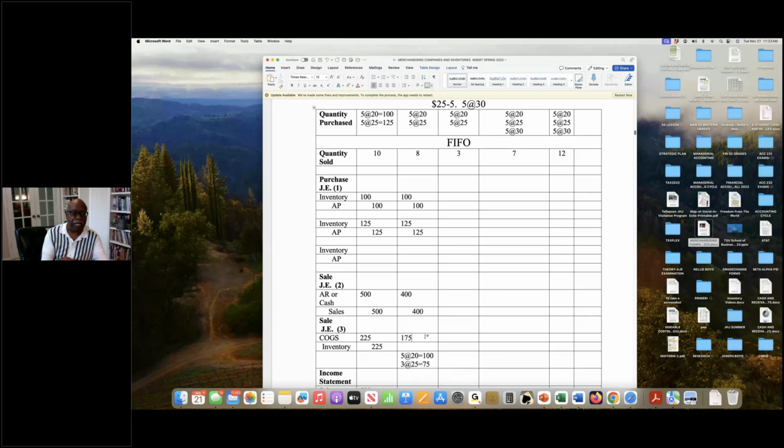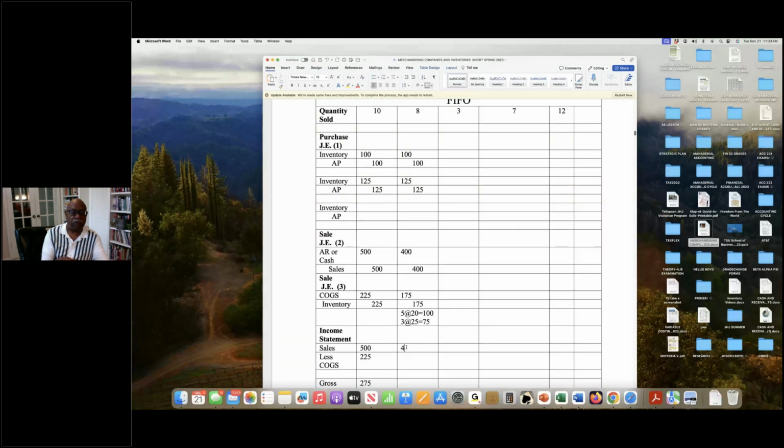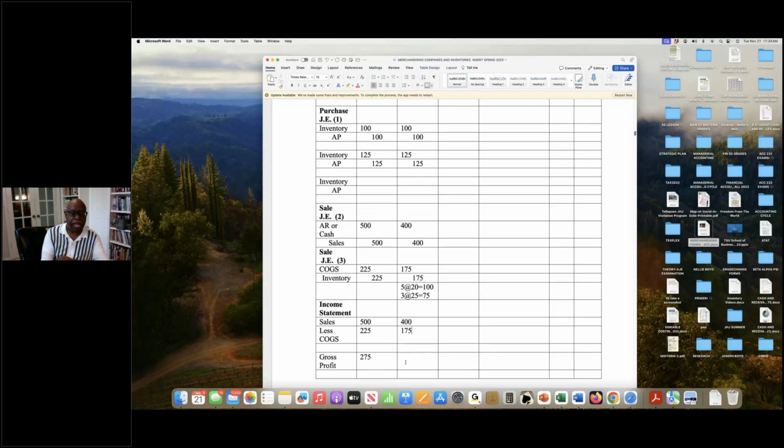Our income statement in this situation has 400. Cost of goods sold is 175. And so now our profit is going to be what? 225, I believe.